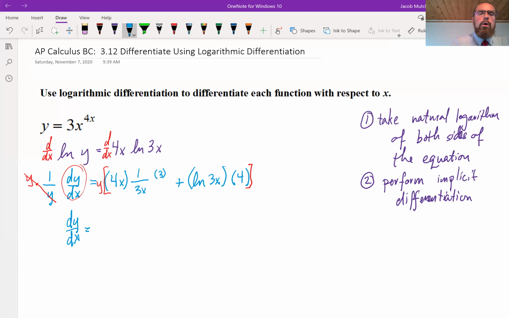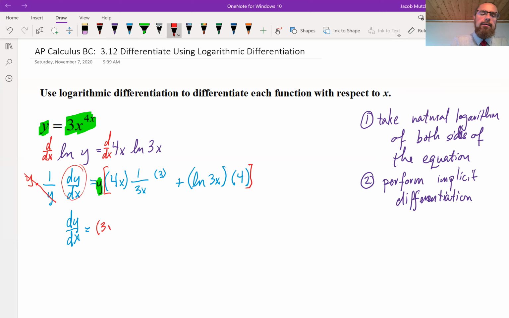And where I'm seeing y, I want to make a substitution, because I really don't want this to be a multivariable function. I just want it to be in terms of x. If I go back to the beginning, I notice that my original y function is 3x to the power of 4x, so I want to substitute that in for y. And that's really the third step in our logarithmic differentiation.